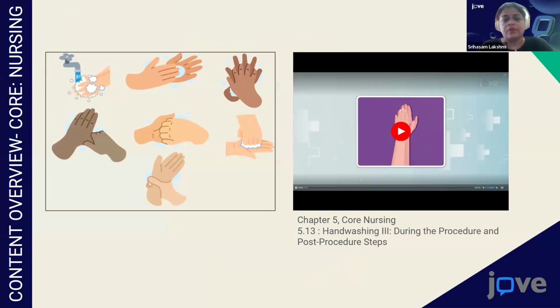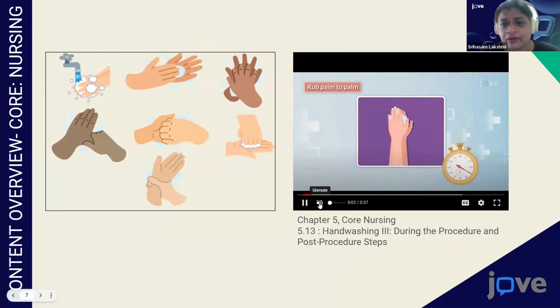So here I am giving you just an example of hand hygiene, a very basic video about hand hygiene, but which is very important. On your left, you have the visual representation, a typical image of the steps to be followed in hand hygiene. And here this is our video on that.